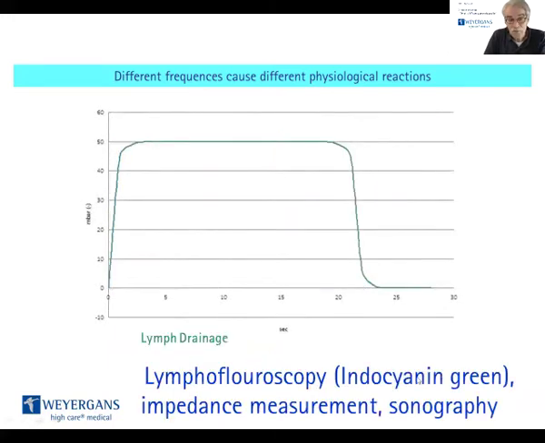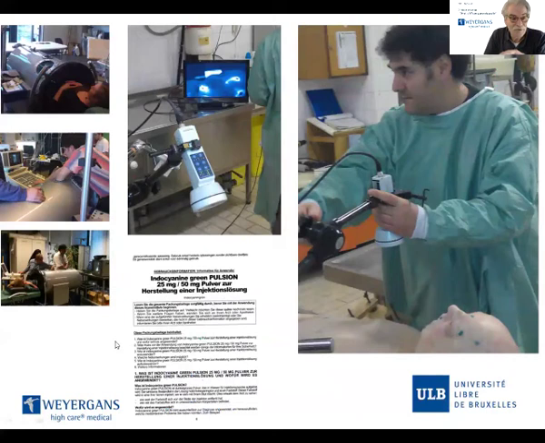And you also can measure the effect on lymph flow of IVT. Those guys did it with lymphofluoroscopy, with the contrast medium indocyanine green, or can also do it with impedance measurement or sonography. The measurement with indocyanine green, they did even on cadavers, on dead men.